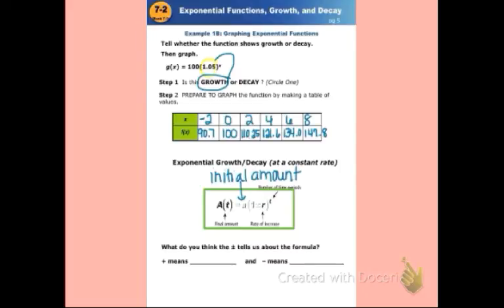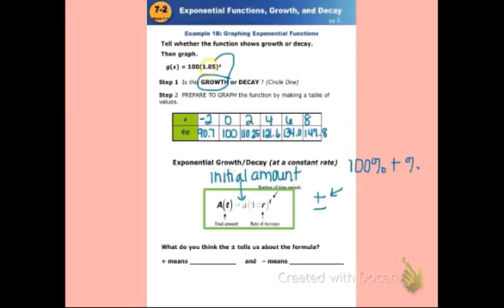Now, why the plus or minus? Well, the plus and minus means that r is the rate of increase or decrease, so it'd be a percent, and you're adding it to 1. Well, what does 1 mean? Well, 1 means 100%. So when I look at that 1, it really means 100% as a decimal, plus the percent of growth or decay.